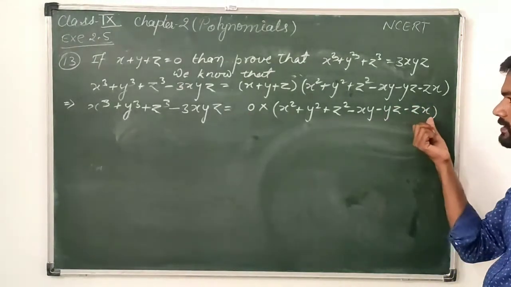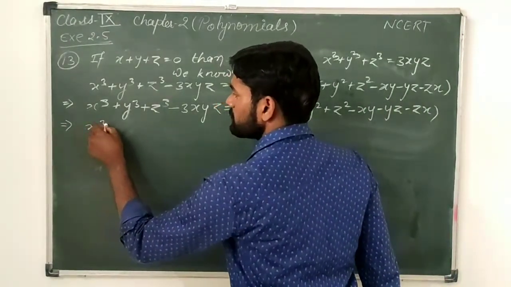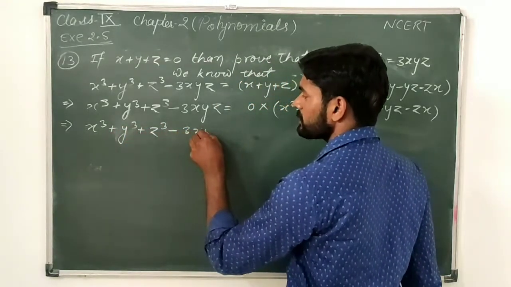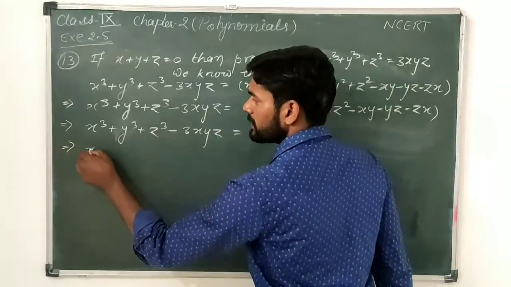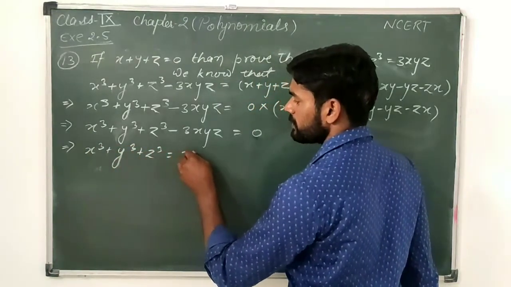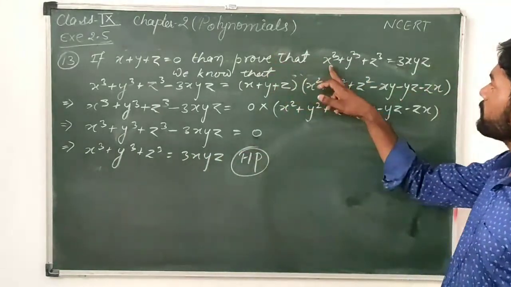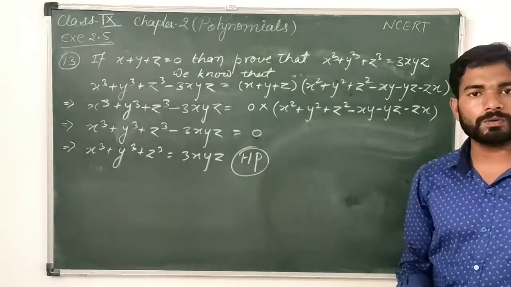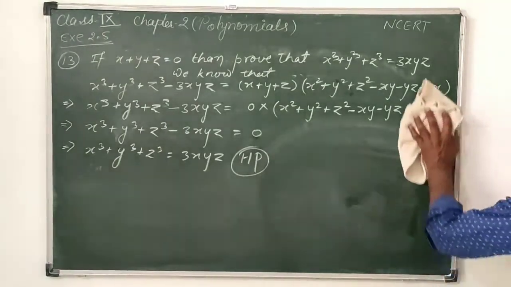Multiply this with this, your result will be 0. x cube plus y cube plus z cube minus 3xyz is equal to 0. Now transpose this, you will get x cube plus y cube plus z cube is equal to 3xyz. Hence proved. So it is the answer of question number 13. So let's proceed to question number 14.